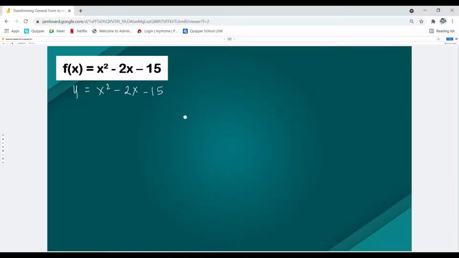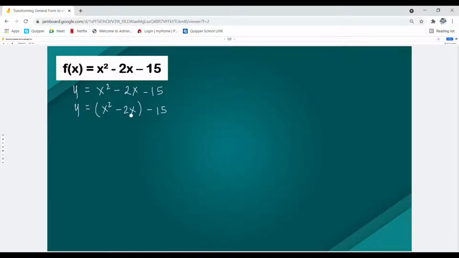The question is, how can we write it to standard form or vertex form? So from general to vertex form, this is the process. First, write it this way, and then next we have to group the terms with x. I'm trying to say x squared minus 2x should be grouped together, and then separate the constant.